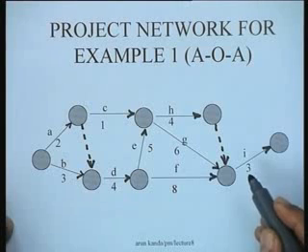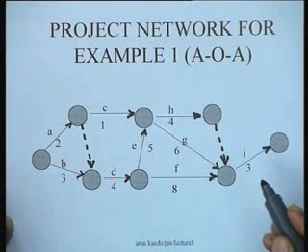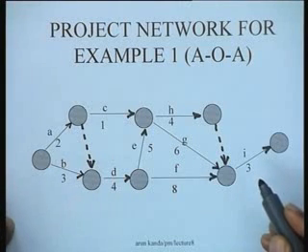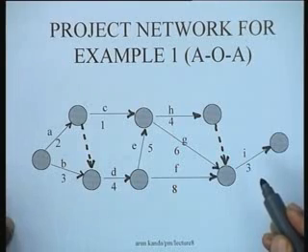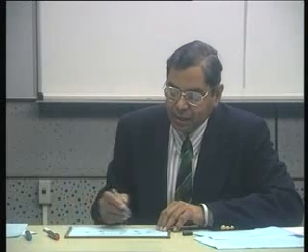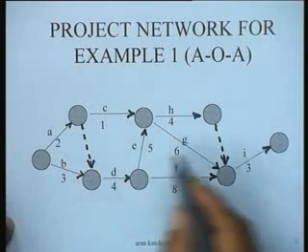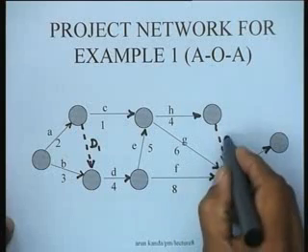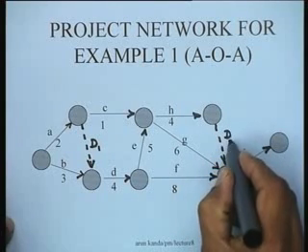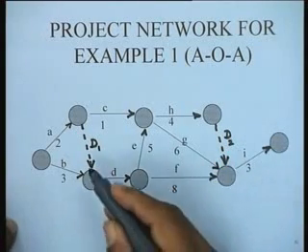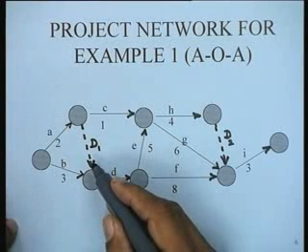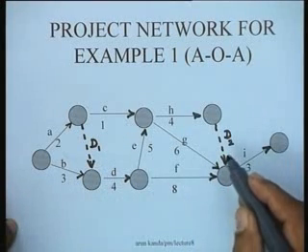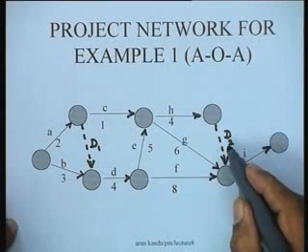Now a comment on this particular network is in order. You would recall that when we were talking about various dummies, we can identify in this particular case that we have used two dummies. You may call them D1 and D2. Notice that D1 is a logical dummy, and what is the nature of the dummy D2?